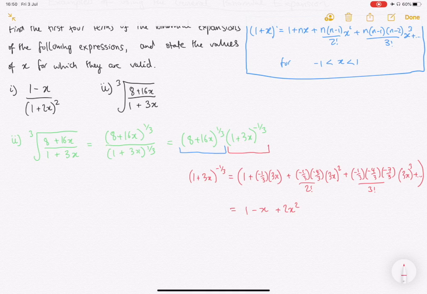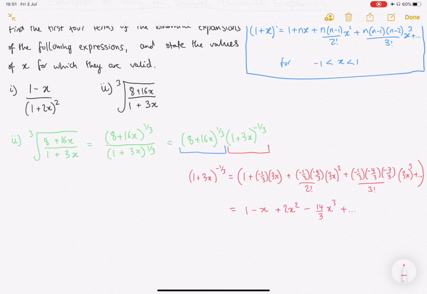And then finally, we have a 3 cubed. We also have a 3 cubed on the denominator, so they cancel. So we have minus 1 times minus 4 times minus 7 over 3 factorial. Well, that is going to be negative the 2 from the 3 factorial cancels with the factor of the 4, so this is going to be 14 over 3 lots of x cubed.